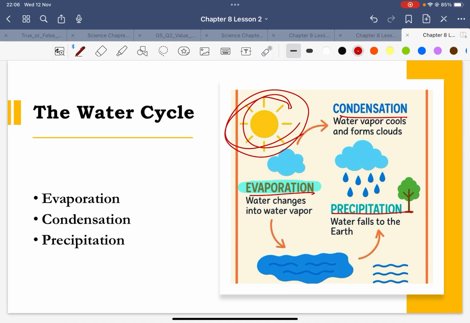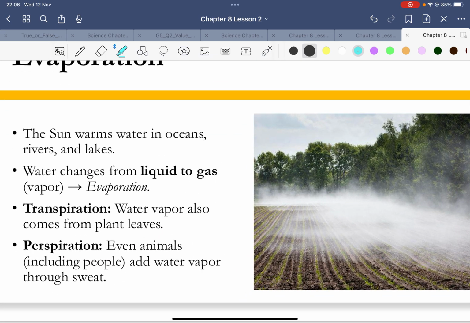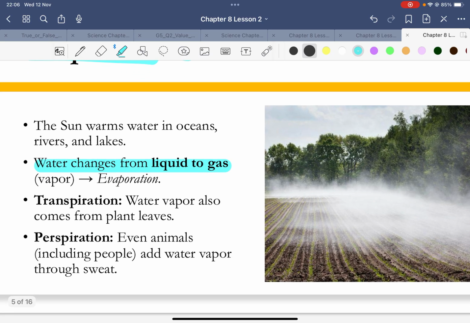Okay, so know these words. Evaporation means water changes into water vapor. Condensation is when water vapor cools and forms clouds, which then causes precipitation. Water falls back to the earth. So again, evaporation means water changes from liquid to gas. There's another term called transpiration.